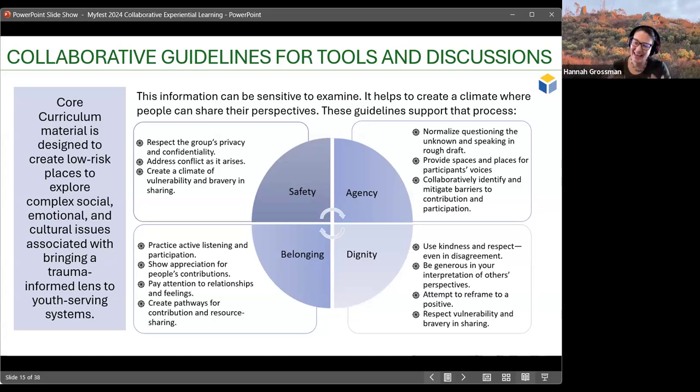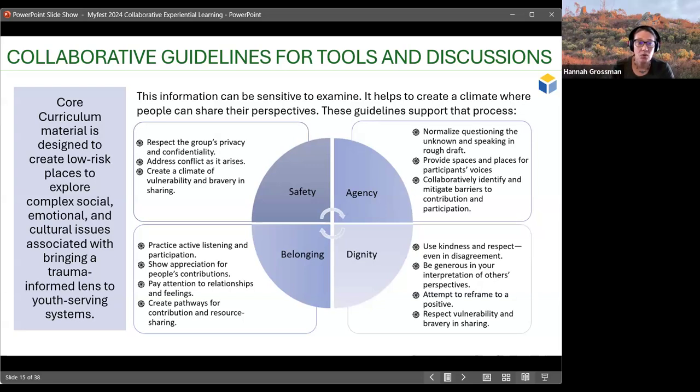So anytime you focus your learners on building safety, agency, dignity, and belonging, you reduce the chance of negative emotional loads. So I'm intentionally setting guidelines and sharing guidelines about creating safety, agency, dignity, and belonging.